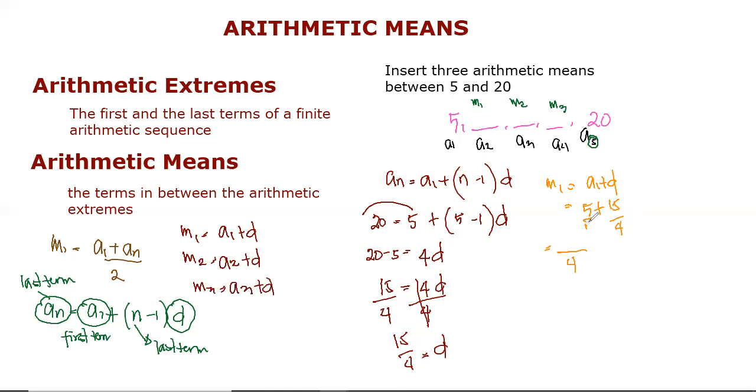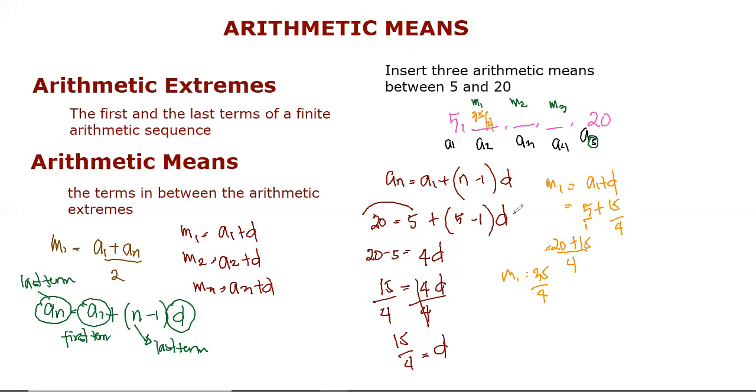So 4 divided by 1 is 4. 4 times 5 is 20. Okay. 4 divided by 4 is 1. 1 times 15 is 15. Okay, so the value of m sub 1 is equal to 20 plus 15 is 35 over 4. So m sub 1 is equal to 35 over 4.